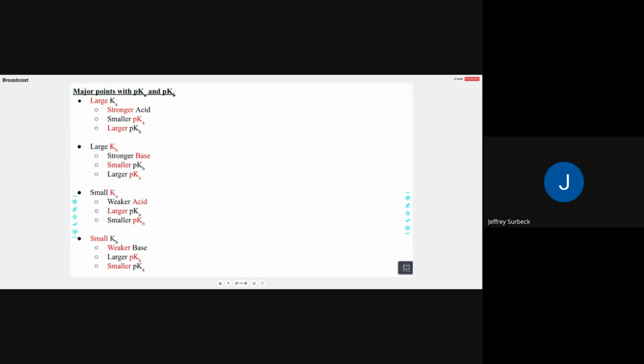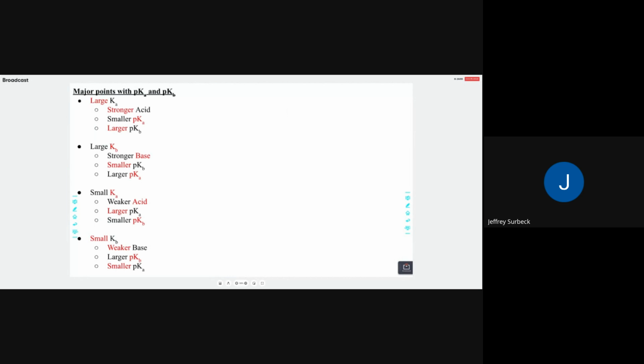Now, we're going to add some examples here right at the end that help clarify and explain some of these items, all right? But again, the point about pKa and pKb is it's going to give you a very quick snapshot of, oh, that's pretty strong, that's pretty weak, and that's what these numbers mean here, all right? Questions?